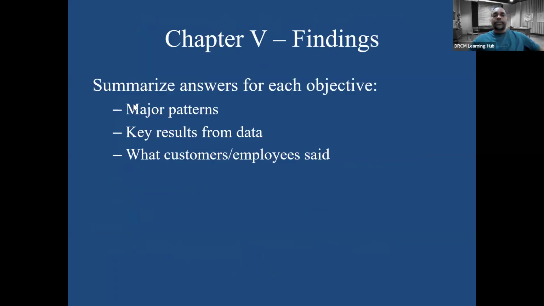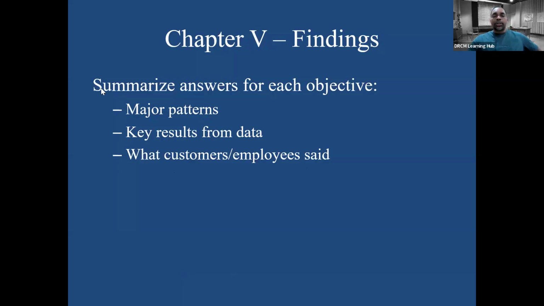Coming to the findings, summarizing the answers for each objective is called findings. I have explained many times already that findings is nothing but summarizing answers for each objective. For objective 1, whatever answers you got, you need to mention them. That's why we said major patterns, key results from the data, what customers and employees said.